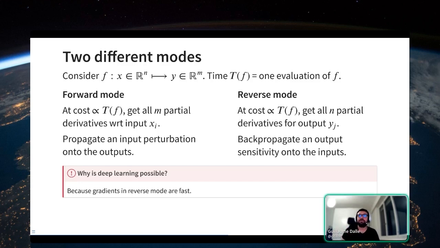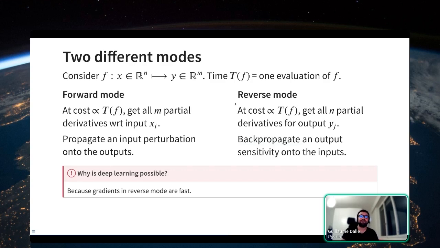On the other hand, you have reverse mode automatic differentiation. And here, for the same cost, you get all partial derivatives for a given output. So it's not the same direction, it's the other direction where you backpropagate an output sensitivity onto the input variables. For a given output, you backpropagate onto every single input. And here, note the choice of word backpropagation is the word that machine learners invented to refer to reverse mode automatic differentiation because they couldn't be bothered to open a book and figure it out.